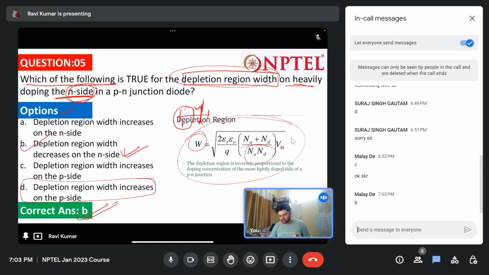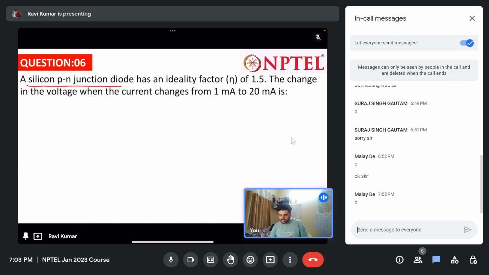Let's move to the next question, which says a silicon PN junction diode has an ideality factor of 1.5. The change in voltage when the current changes from 1 to 20 milliampere is? So you need to find out delta V when delta I is 20 milliampere.